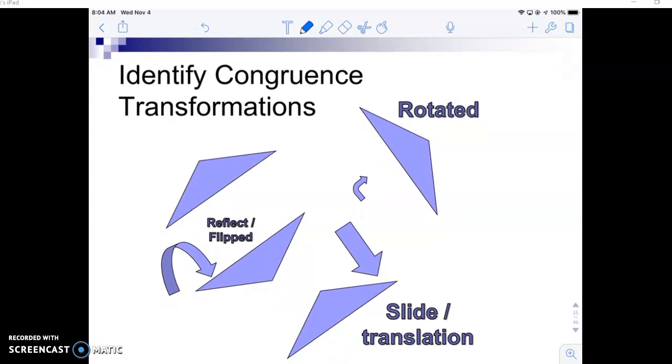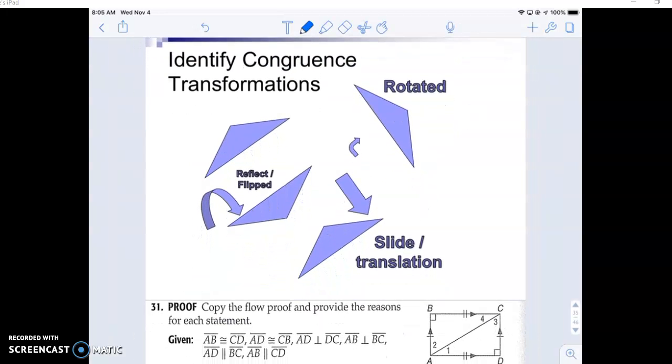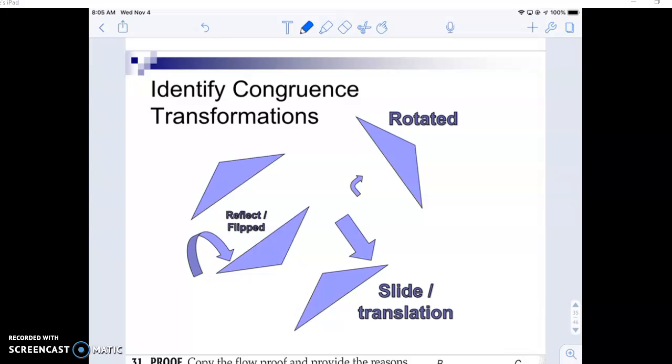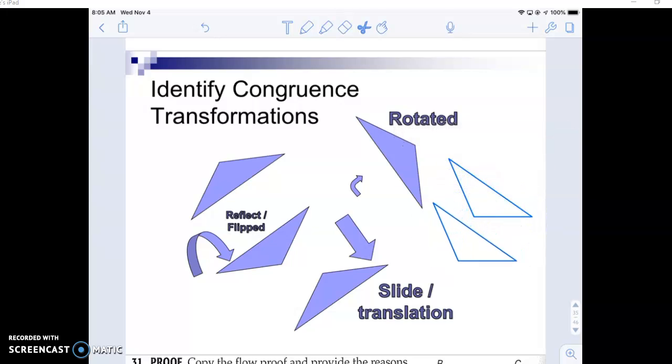Next, I don't think this is in your notes, but you can fill in these pictures here. All this is saying is, let me show you, let's say I have this triangle and I want to duplicate it. I have two different triangles and I know that they're the same.